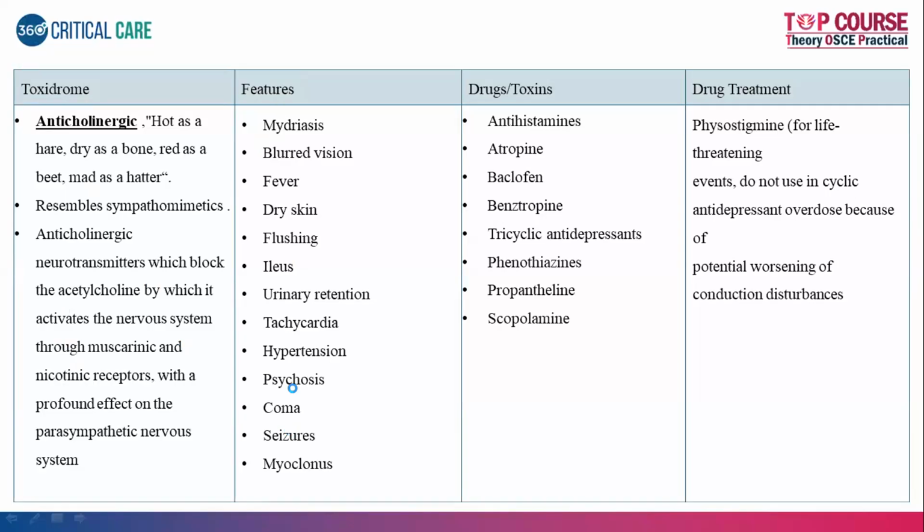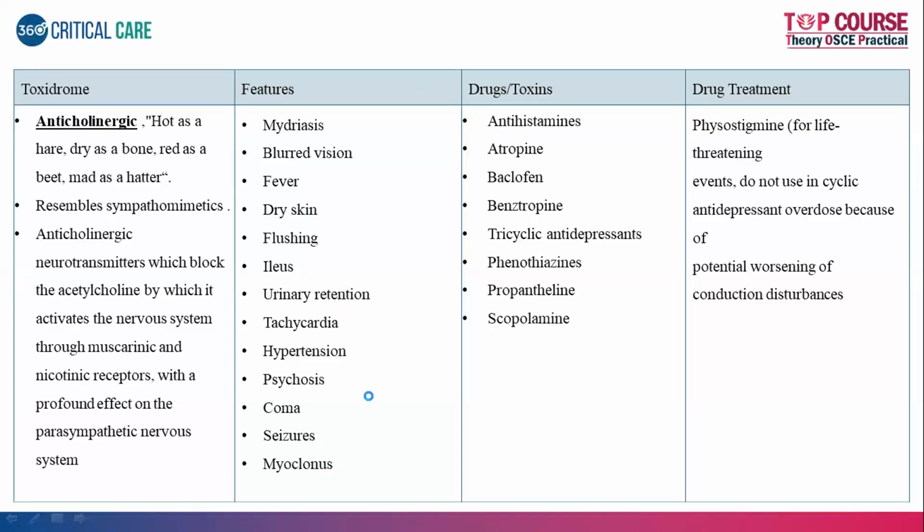Anticholinergics usually cause mydriasis, blurred vision, raised temperature, dry skin, flushing, ileus, urinary retention, tachycardia, hypertension, sometimes psychosis, coma, seizures, and in rare cases, myoclonus.